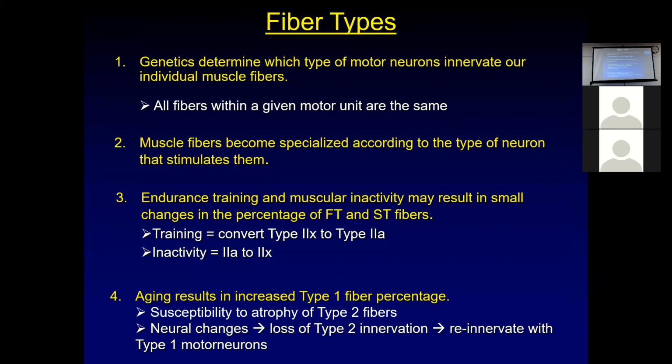Okay? So the genetic potential to be either fast or slow seems to be there in every fiber. But which one gets turned on seems to be determined by the motor neuron. What determines the motor neuron seems to also be genetic, obviously. So in addition to having slow and fast fibers, you're also going to have what we might think of as slow and fast motor neurons.